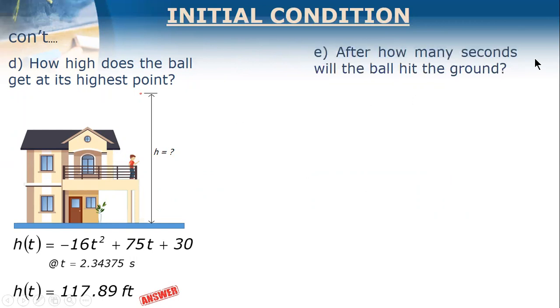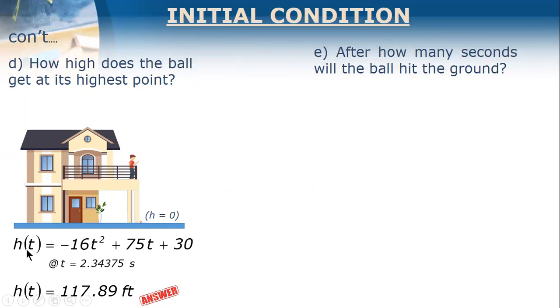Letter E. How many seconds will the ball hit the ground? Actually, this time includes the time going up and going down. So the time from the release until the highest point and then downward until it reaches the ground. What's the total time? Remember that when the ball hits the ground, its h is equal to 0.